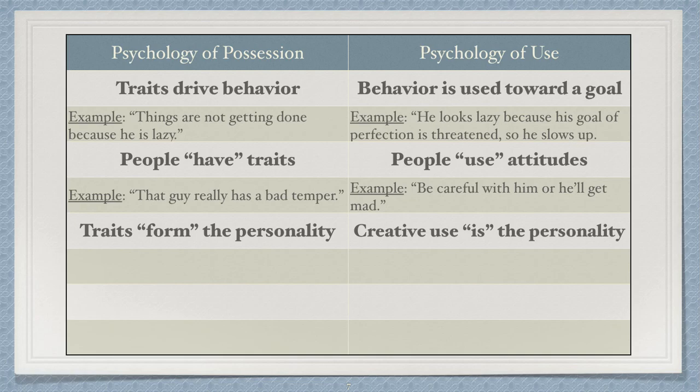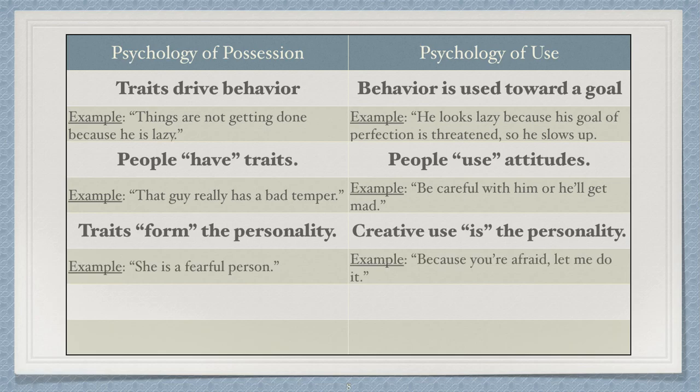So once you've identified personality traits, once you've grouped them all up, now this forms the personality of the individual. With the psychology of use, the creative use of behavior is the personality.